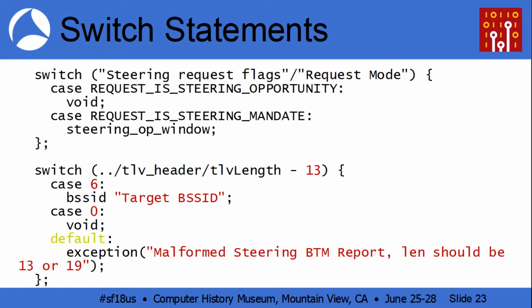Okay, so moving on, there are 2 examples of switch statements in here, and I'll motivate in a second why you want switch statements with a diagram. Essentially, this one is saying, look inside this field in the current structure and look for this subfield.